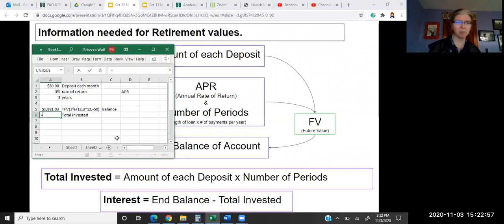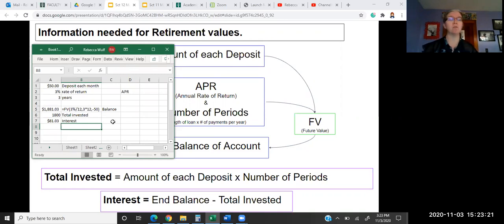How much did I actually put in? I put $50 every month for 3 years. I only put in $1,800. So the difference, you can probably do it without calculating it. The difference is about $81. So hey, that's free $81 that I get. So that's not a bad deal.